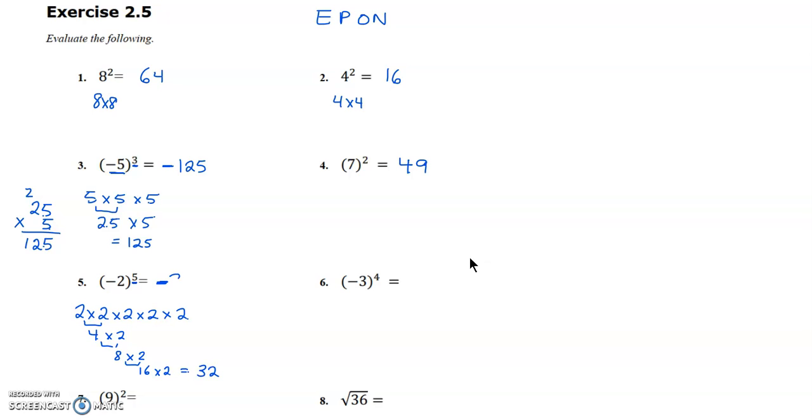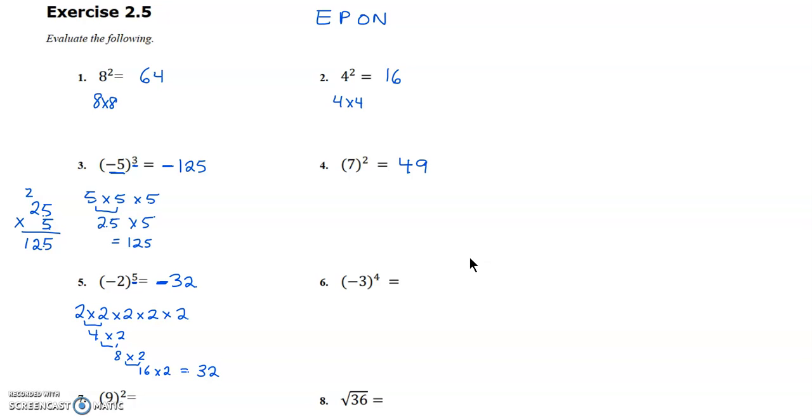And this is going to be a negative 32. Now you can go number by number with the sign, negative 2 times negative 2 times negative 2 times negative 2 times negative 2. And you can switch the sign every time, as I showed in that first example. That's okay, but it can get confusing. So EPON can help you a lot.